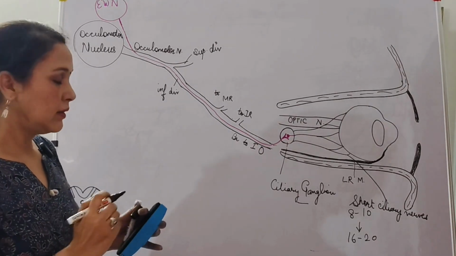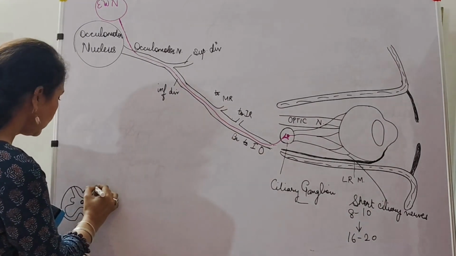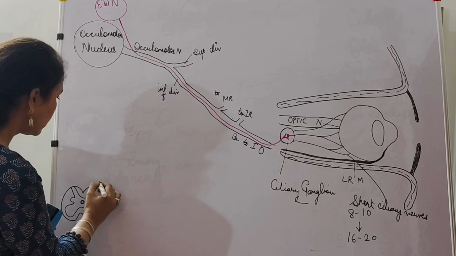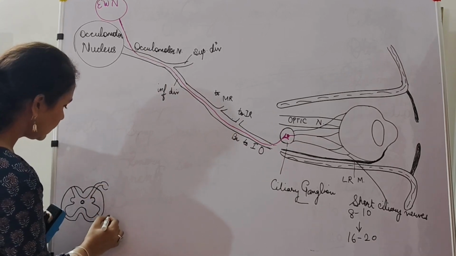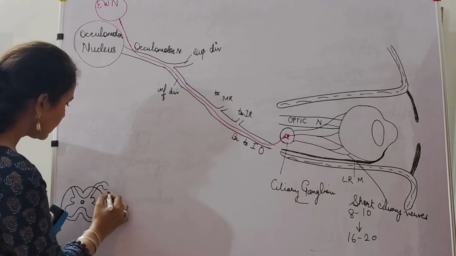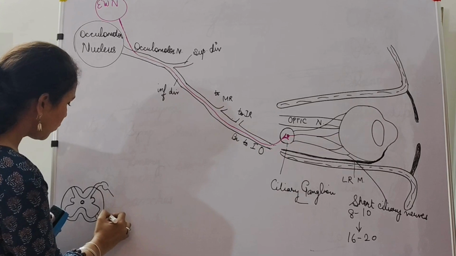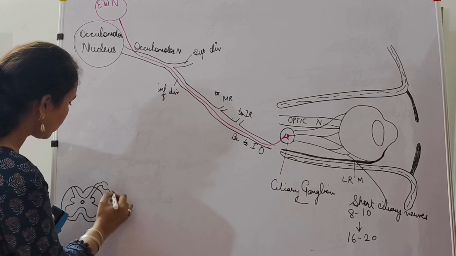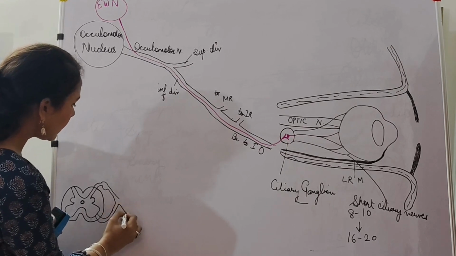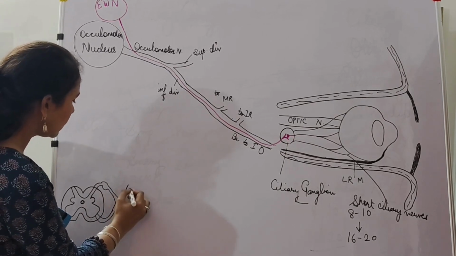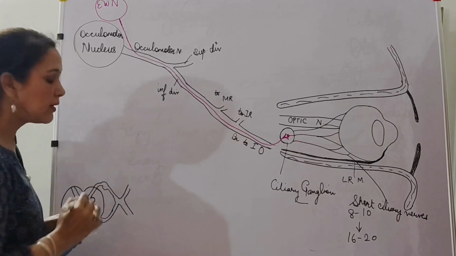Right? Then we have the dorsal root ganglia, the ventral root. Both of these roots will join to form the spinal nerve, which is a mixed nerve. And then again they will divide to form the dorsal and the ventral rami.